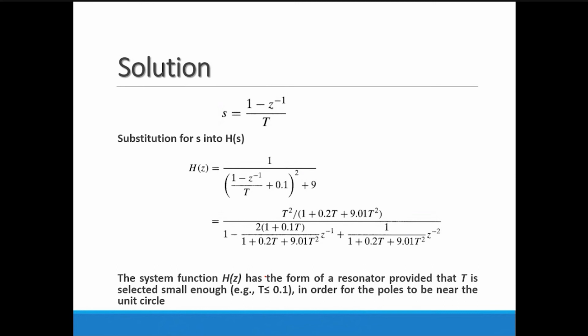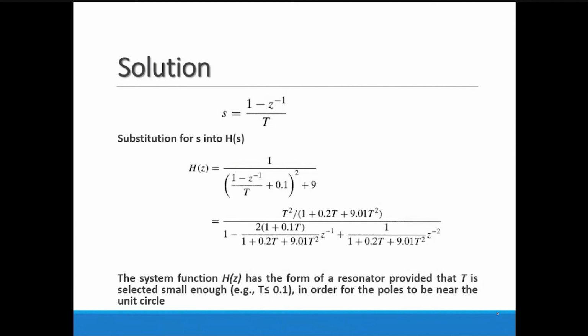When you simplify this, you get this equation: T square divided by (1 plus 0.2T plus 9.01 T square), divided by 1 minus (2 plus 0.2T) divided by (1 plus 0.2T plus 9.01 T square) into z raised to minus 1, plus 1 upon (1 plus 0.2T plus 9.01 T square) into z raised to minus 2.